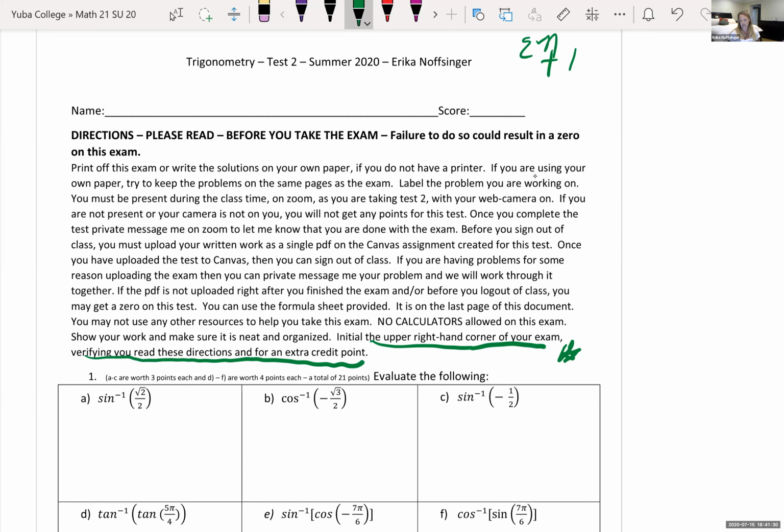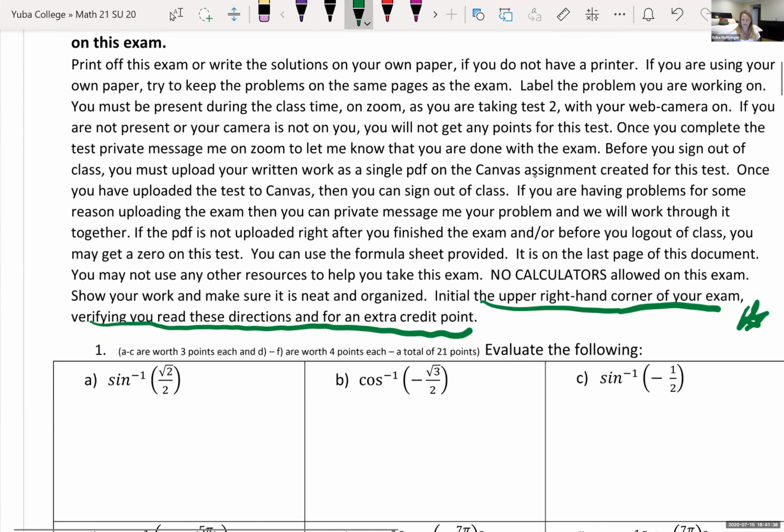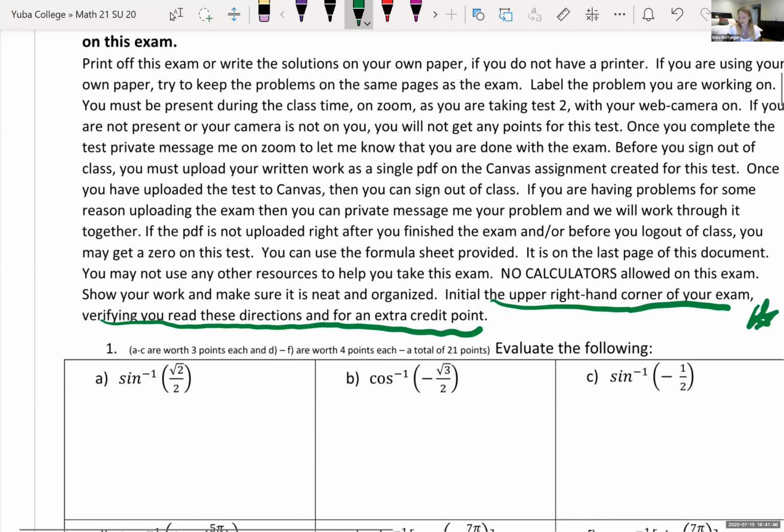So how would you have taken the test if you couldn't write on it on a PDF? I'm a little confused on that. Okay, so if you initialed that, we might need to talk later. So if you initialed it, you get a point.